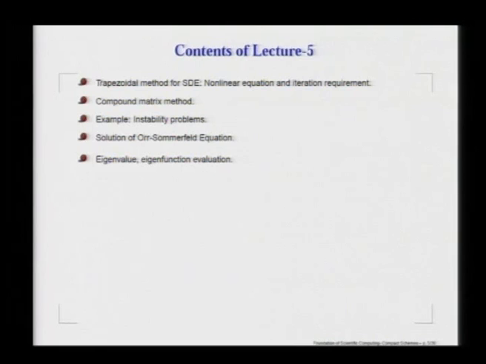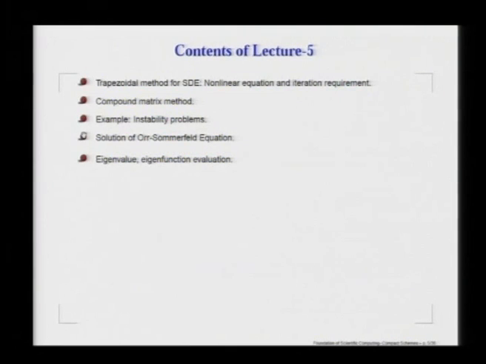In contrast to the trapezoidal method, we will talk about a new method which is not very old. It has come about over the last couple of decades. It is called the compound matrix method, and we will see its versatility by talking about instability problems, and in the context of flow instability, we will be introducing what is known as the Orr-Sommerfeld equation.